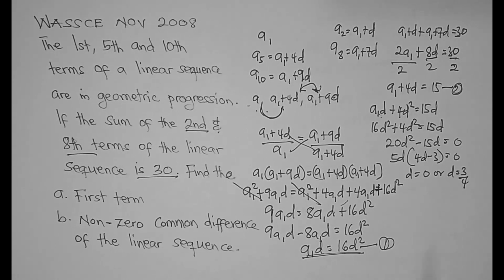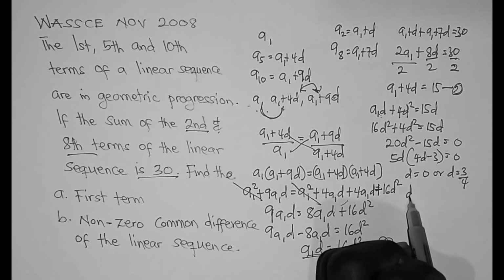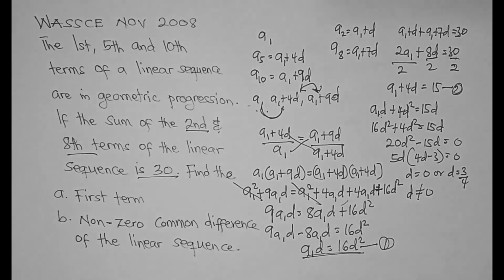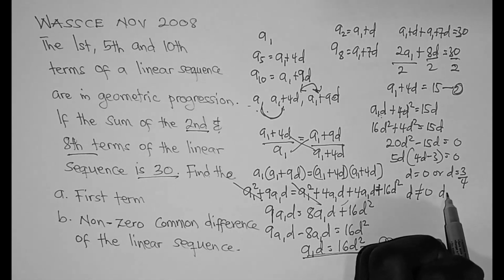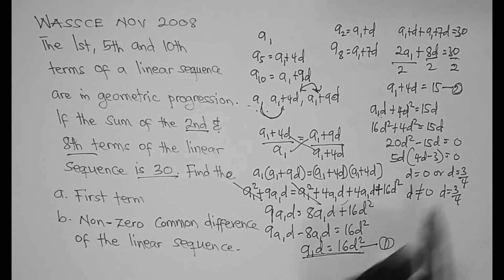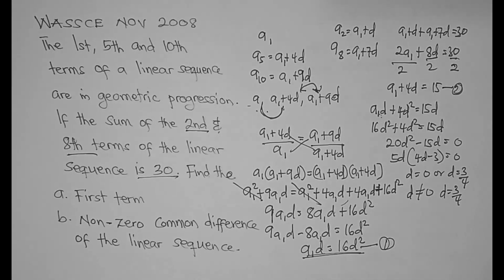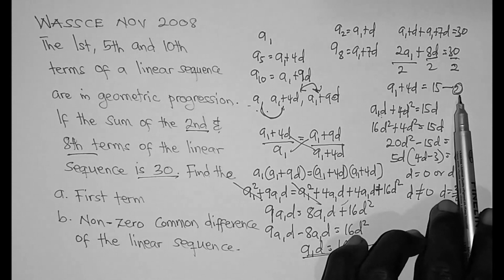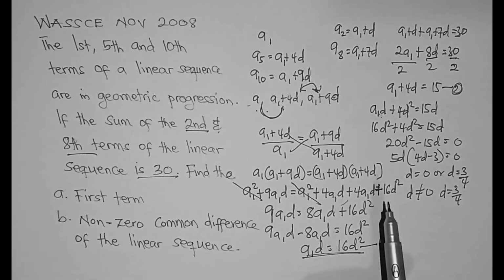However, the common difference, d, cannot be equal to 0. And since d cannot be equal to 0, d is only equal to 3/4. So we found the value of d. Let's put d into equation 2 and find the value of a1, the first term.